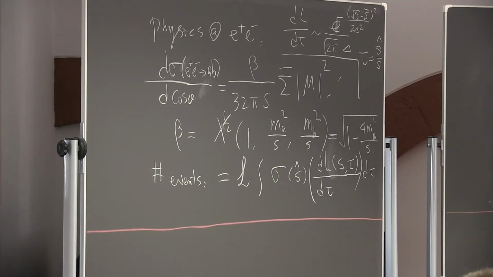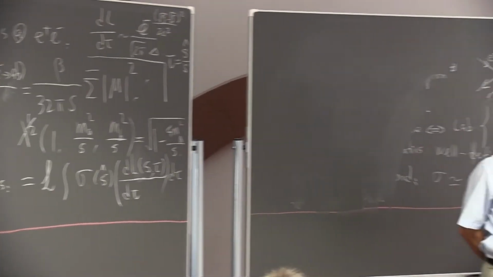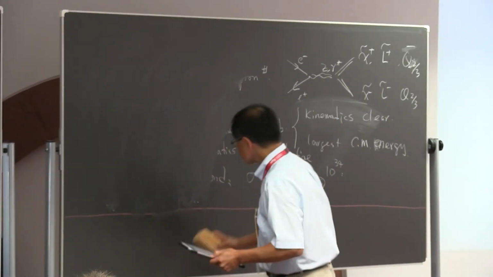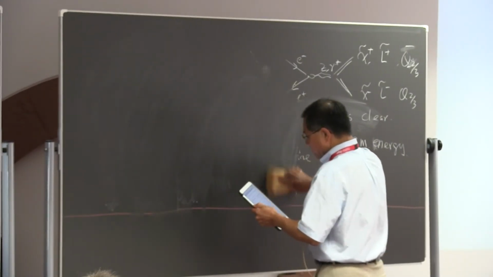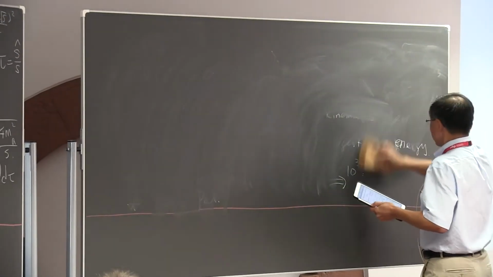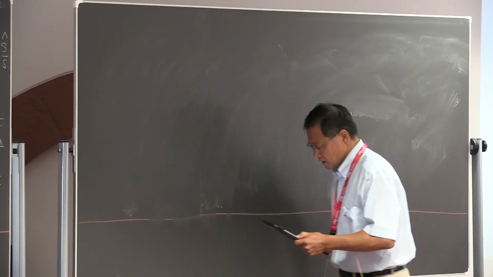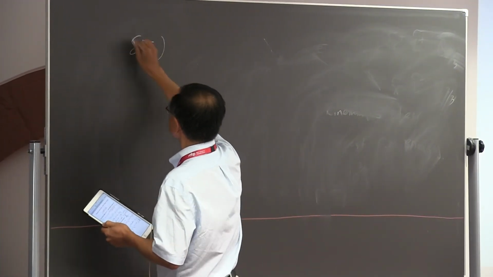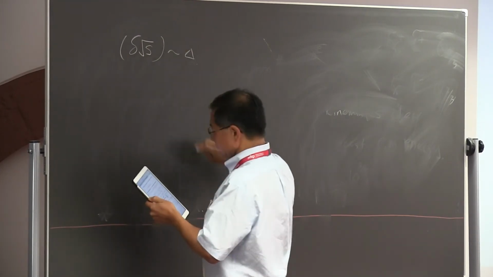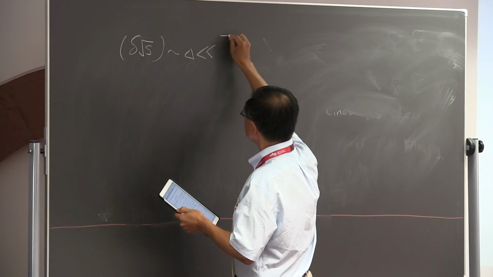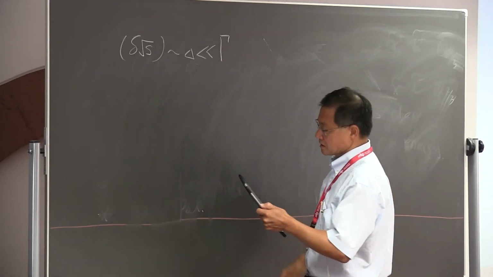Let me give you two extreme examples for this situation. Now, suppose this energy resolution, capital delta, your energy spread, is much less than some particle width.